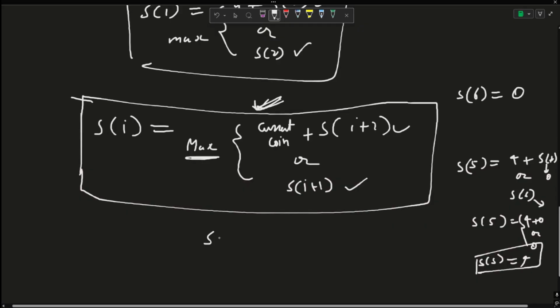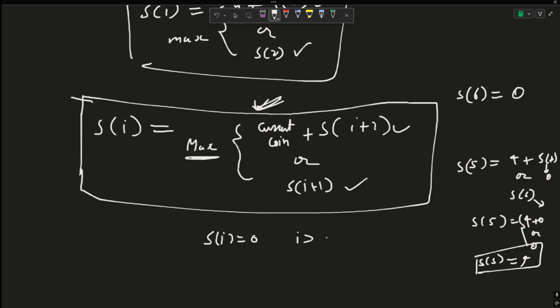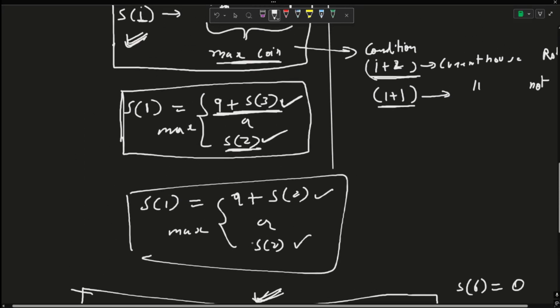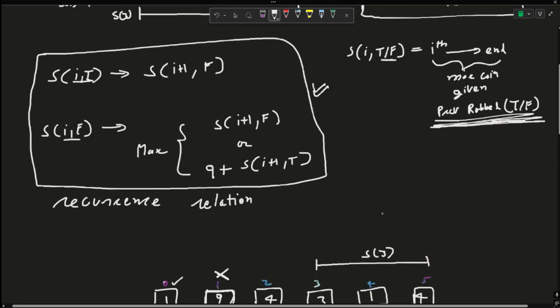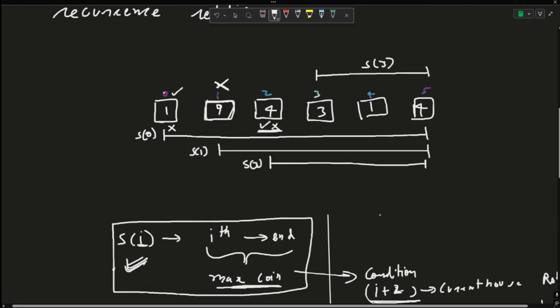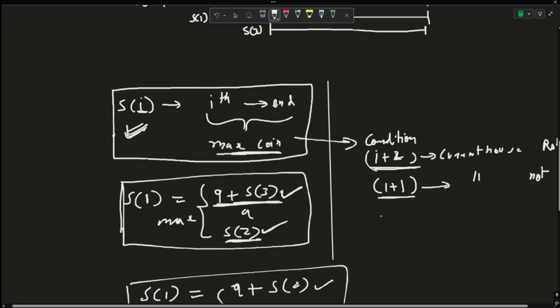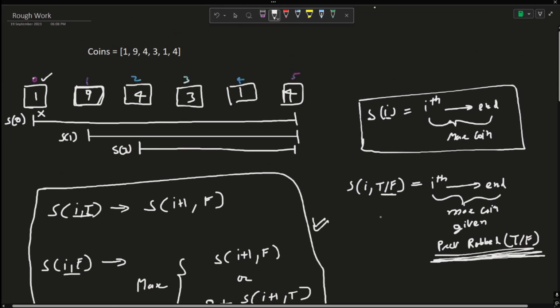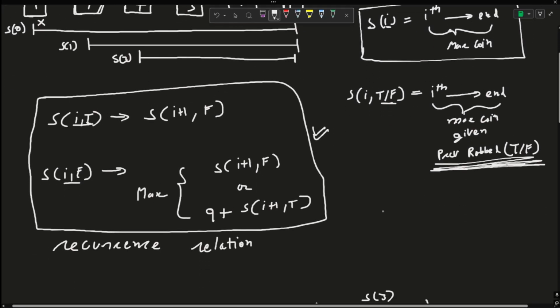So S of I would be 0 if I is greater than length of array. Same base case we have written above. We haven't, I think I erased it.